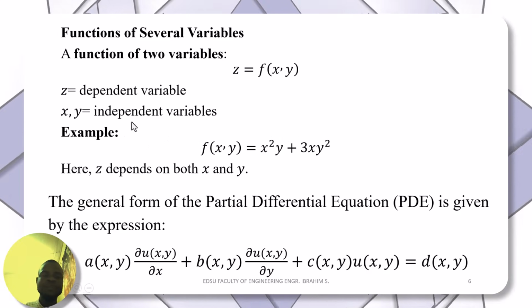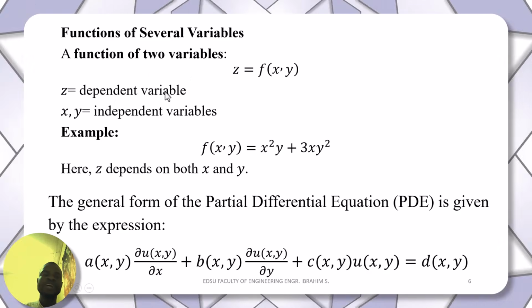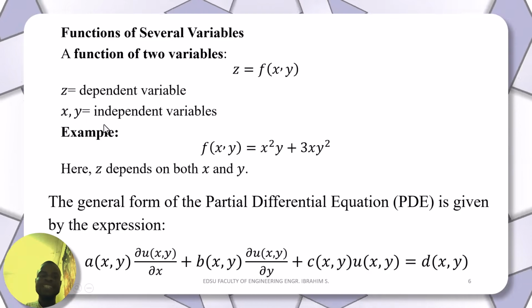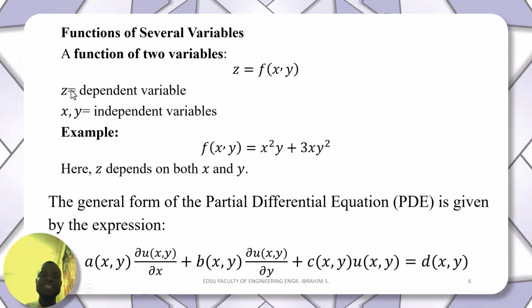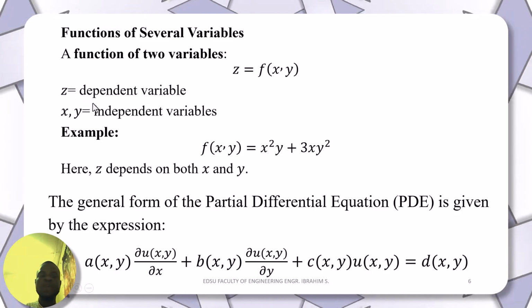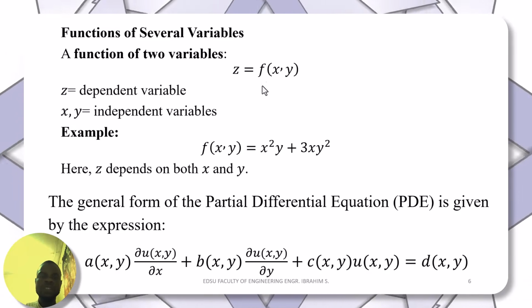So z is the dependent variable, while x and y are independent variables. It means z depends on these two factors, x and y, while x and y do not depend on z.